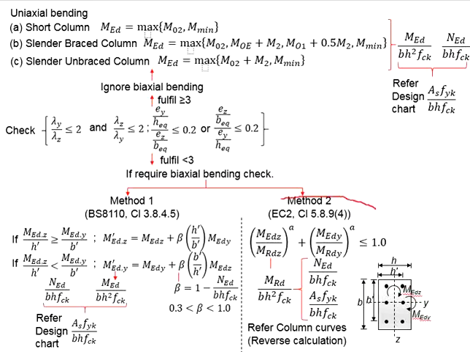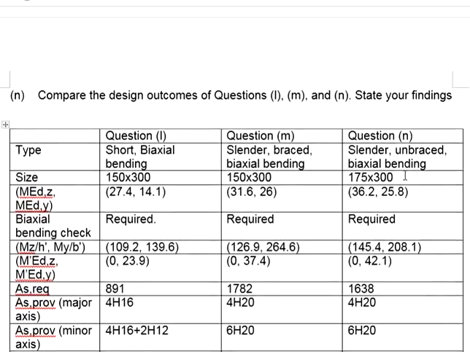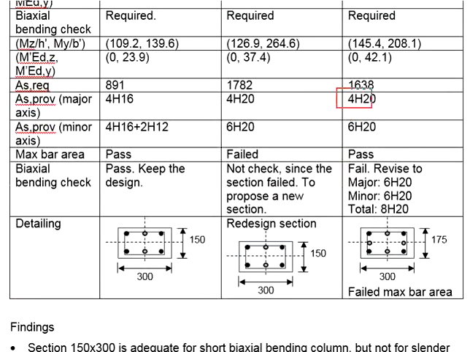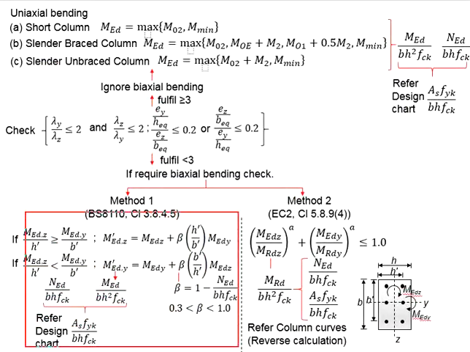We will need to go through the process of checking the biaxial bending of the column as per the requirements of the Eurocode. As demonstrated by question N, for the slender unbraced biaxial bending, the initially proposed amount of reinforcement bar passes the British Standards.